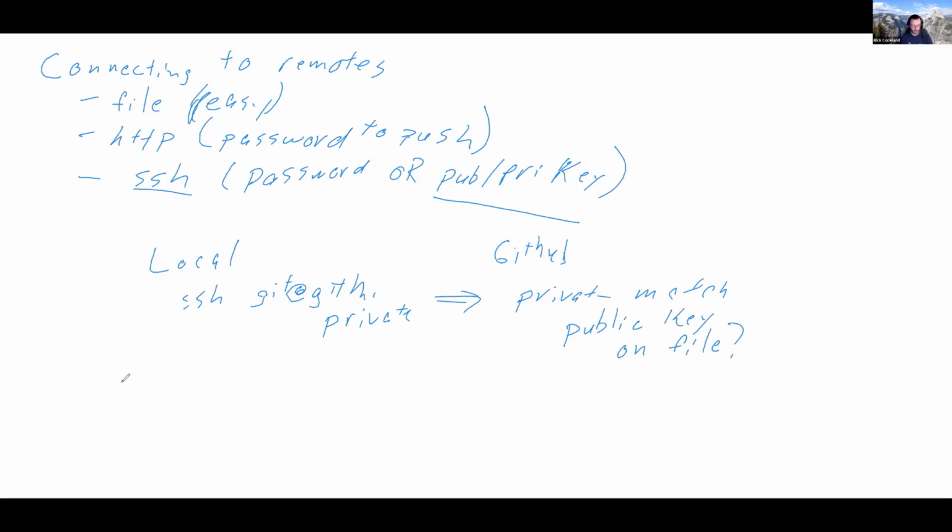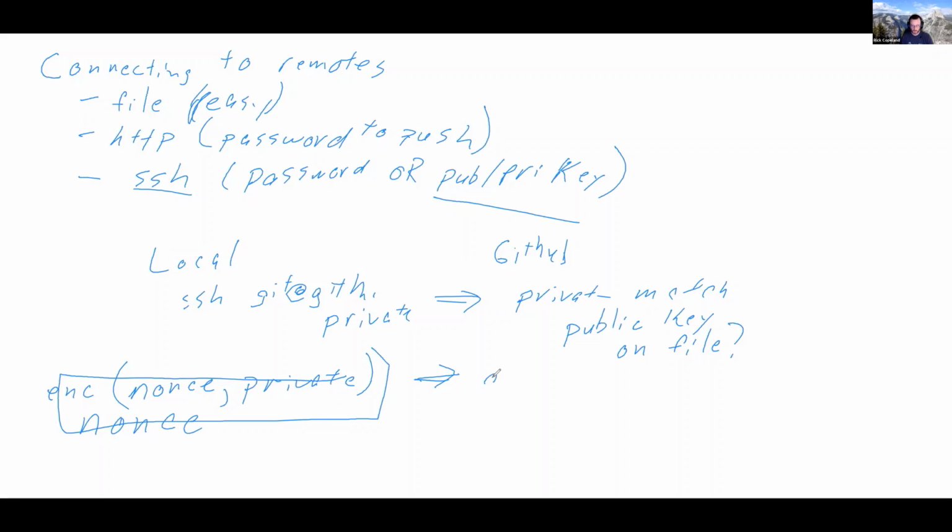Let's say I just have some random string, I'll call it a nonce, and I want to encrypt it with my private key. So I give that encrypted value. I also give the nonce itself, the thing that I encrypted, and I package both of those up and send them to GitHub.